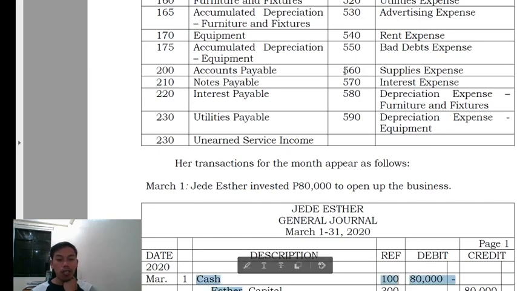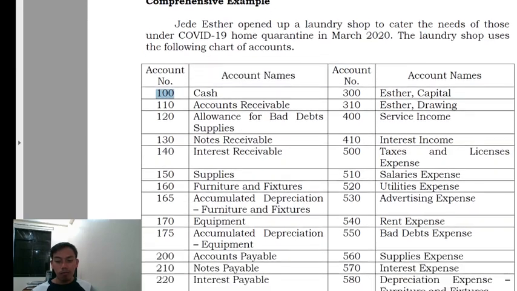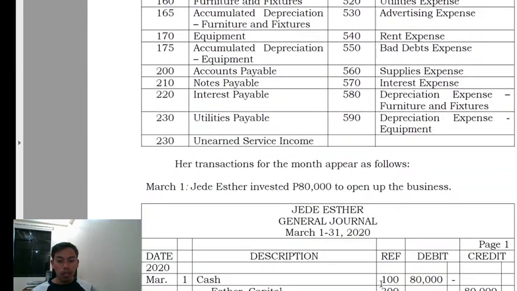Anong account title or account number ni cash? Cash is 100. Tama, 100. Magkano yung amount ng cash? 80,000. So, isusulat mo siya sa debit. Debit po. Huwag mong ilagay sa credit kasi nga debit siya. At the same time, tumaas ang ating capital. So, check mo sa accounts. Kapag tumaas ang capital, it is credit.